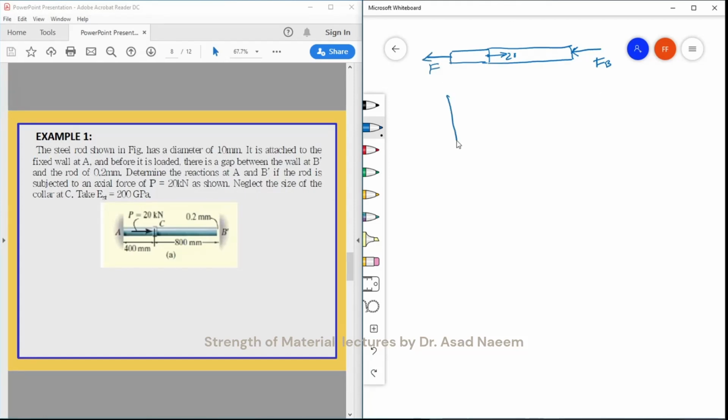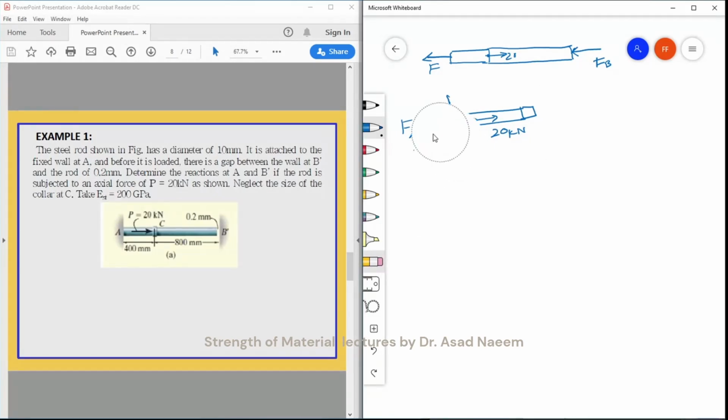Okay, अगर मेरे पास सिर्फ ये simple bar होती and there is applying the 20 kilonewton load, then it is simply statically determinate and it will extend to some part, and this will be the force AX equal to 20 kilonewton, and FA is 20 kilonewton, and FB will be equal to 0. Okay, because there is no restraint in this condition.